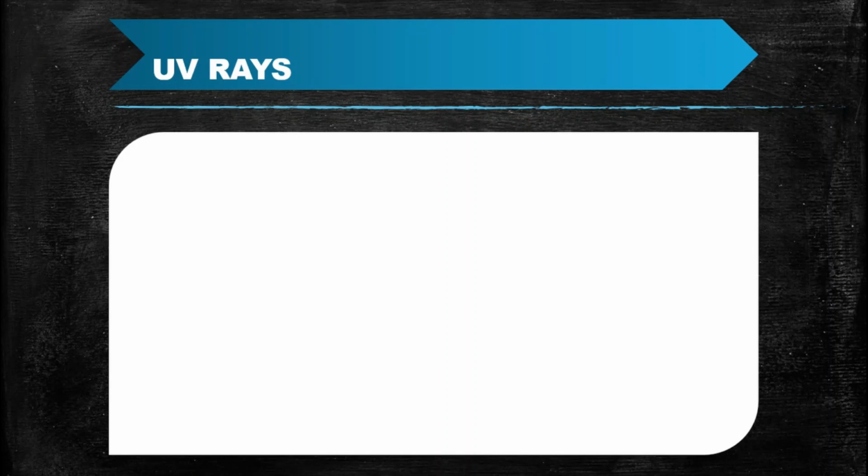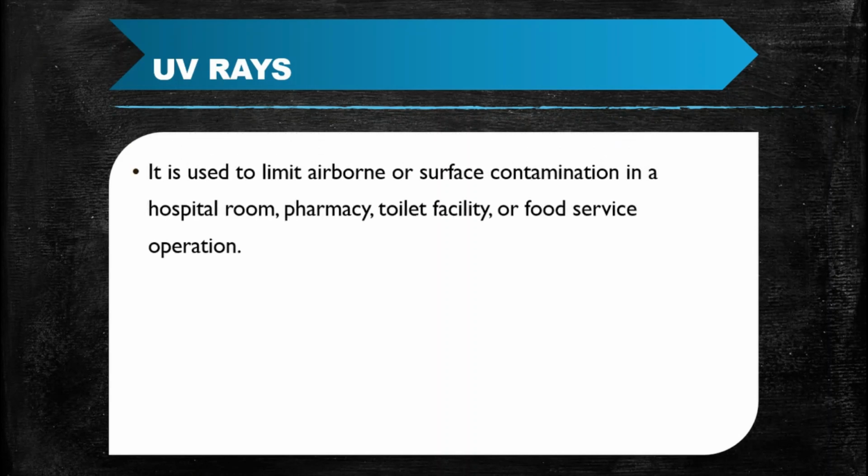These UV rays are also used to limit airborne or surface contamination in hospital rooms, pharmacies, toilet facilities, or food service operations. That means you can control microorganisms in the air or on surfaces by ultraviolet rays, and they are used in the various places I have mentioned: in hospitals, in pharmacies, and also in food services.